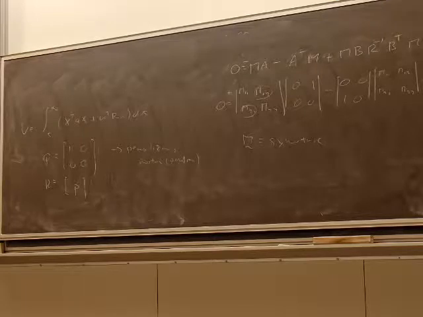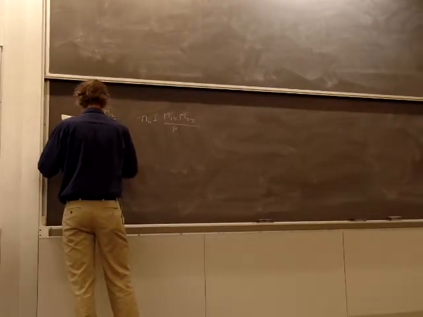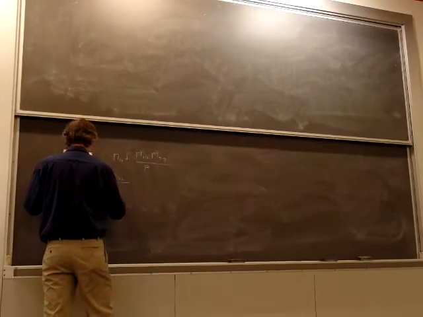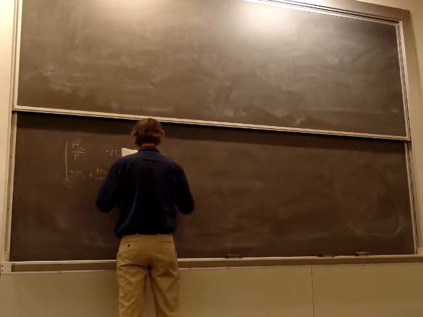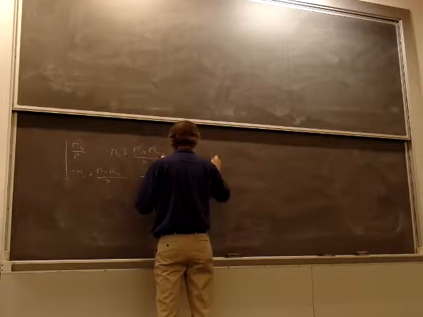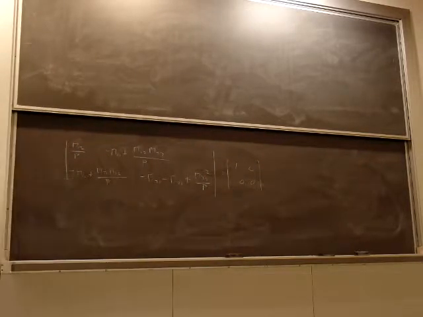We'll get down to the following four equations, sorry. It is M12 over P minus M11 plus 2M22, minus M1 plus 2M22 over P. Four equations, one of those.